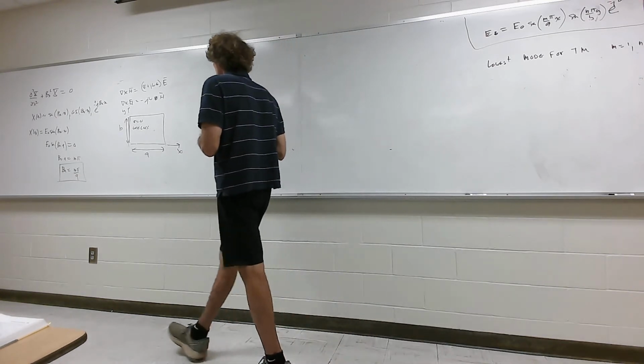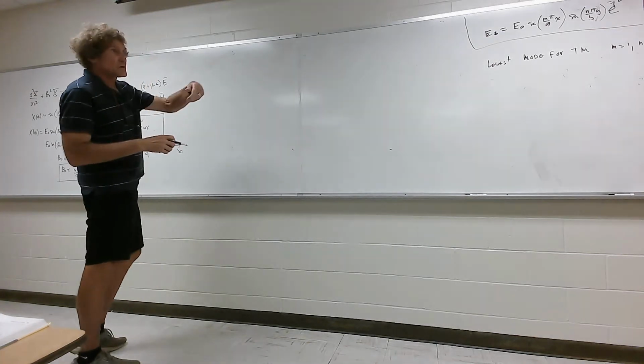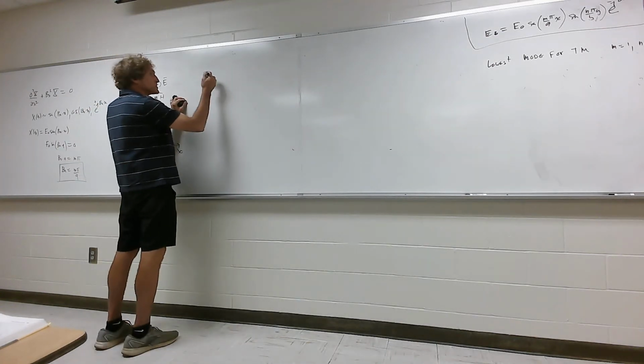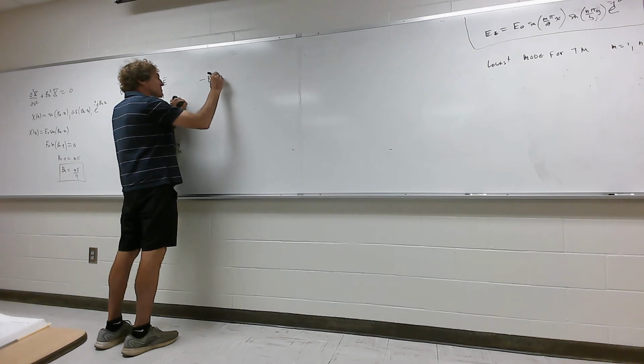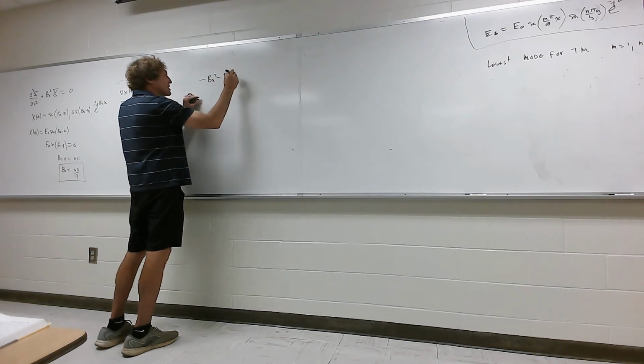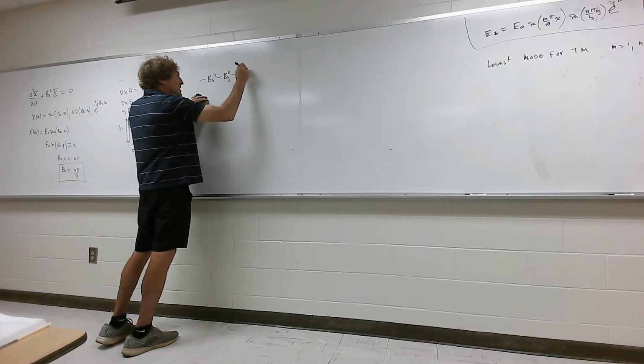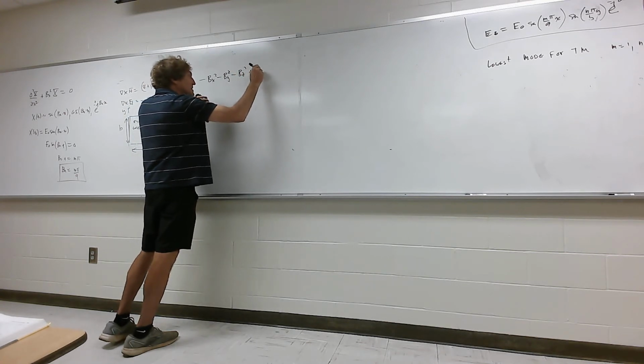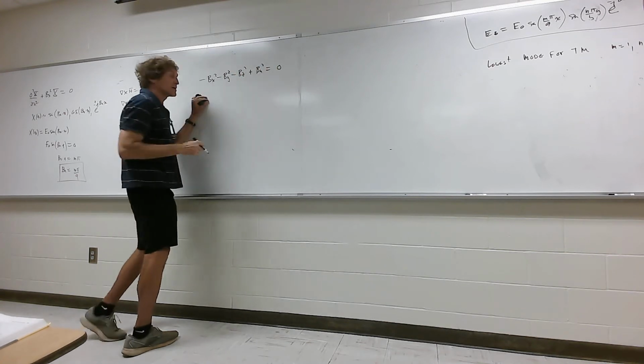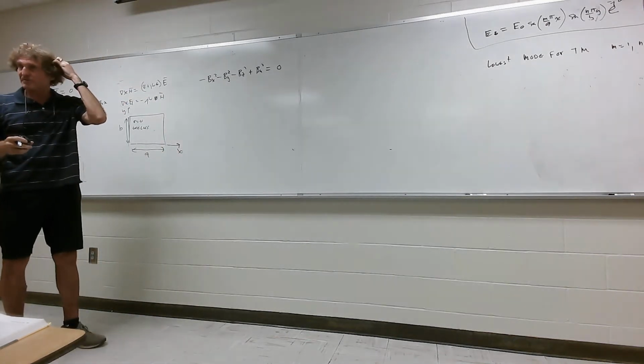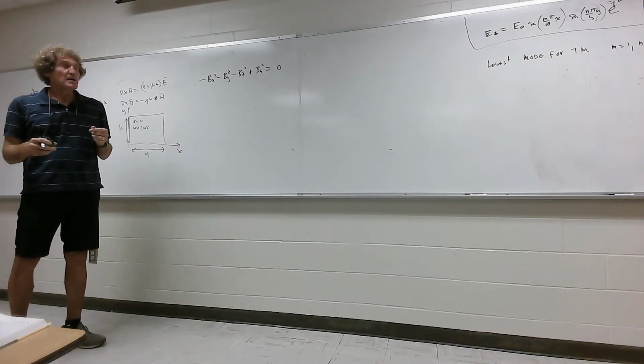So, when we were doing all that separation of variables, we had minus beta x squared minus beta y squared minus beta z squared plus beta unguided squared equals 0. Whether you know it or not, that's from separation of variables. We came down to that.